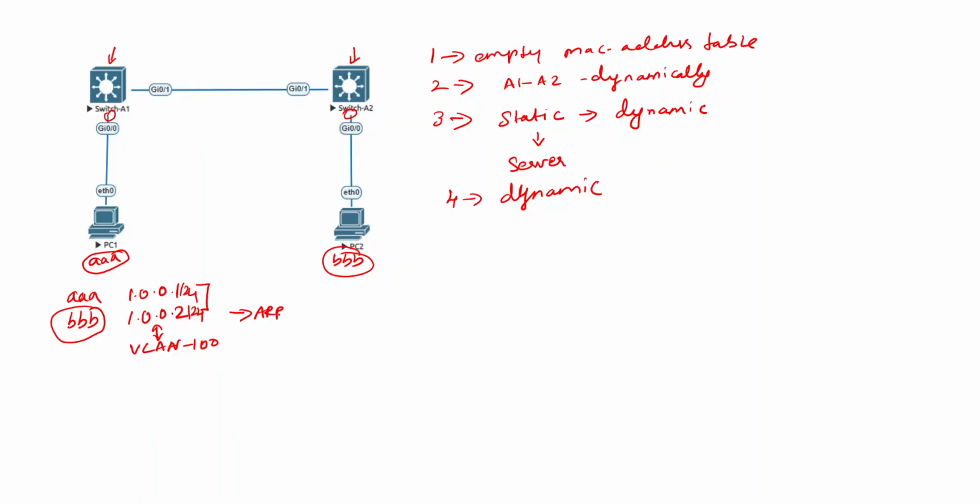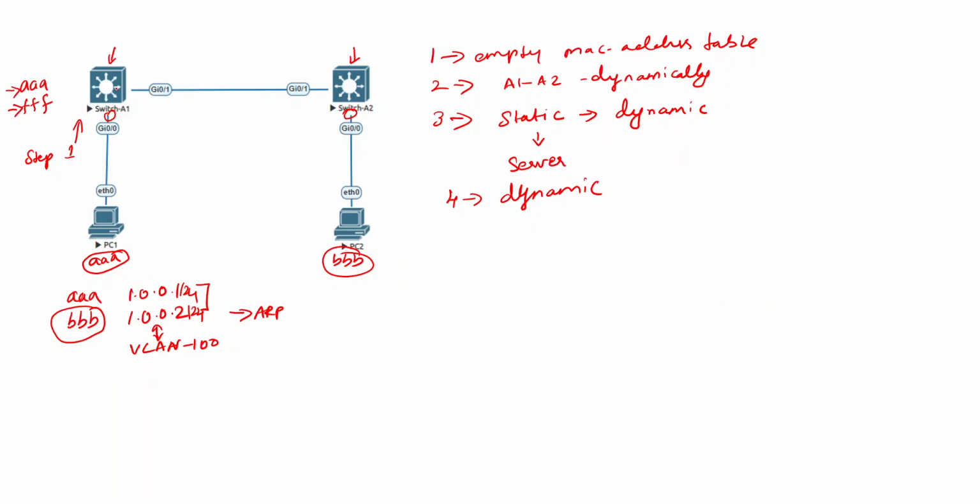The ARP request packet will have the source MAC, and the destination MAC will be FFFF. This packet arrives at switch A as step 1. Once it arrives here, the source MAC will be AAA and the destination MAC will be the broadcast FFFF, because it doesn't know where the destination is.